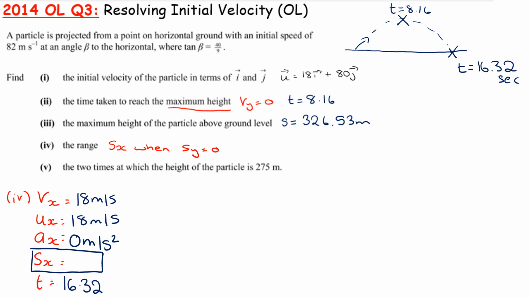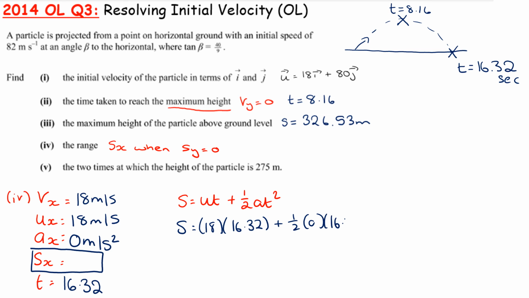So I want a formula with s. The easiest one I think to use is s equal to ut plus a half at squared. So s is equal to 18 times 16.32 plus a half times 0 times 16.32 squared. That's all going to disappear.